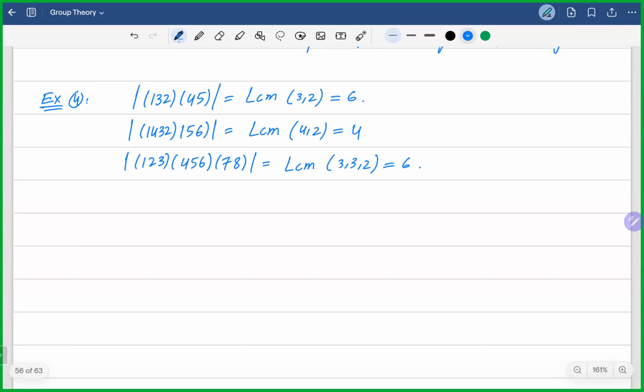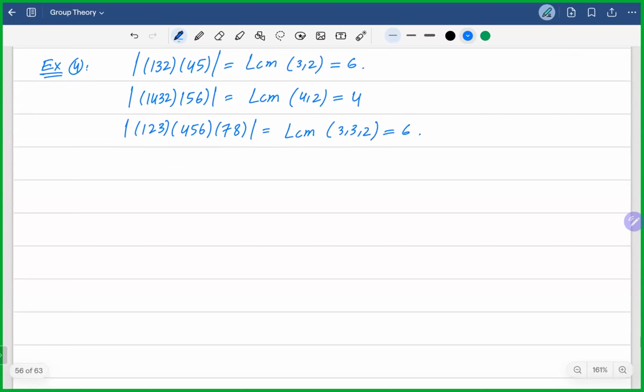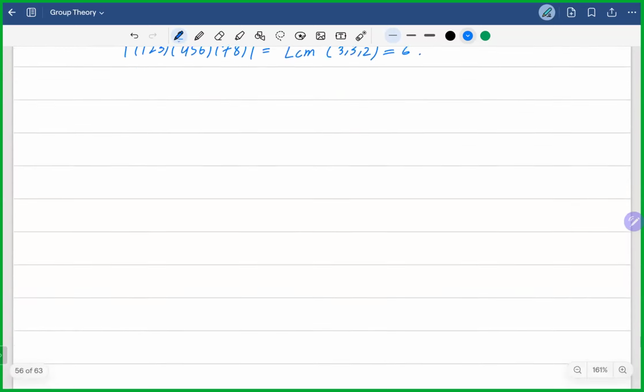Now, these examples are very important ones, and they contain interesting and important information about the group Sn.